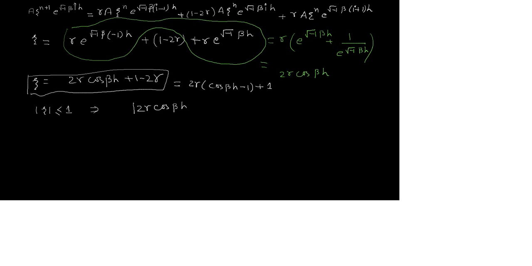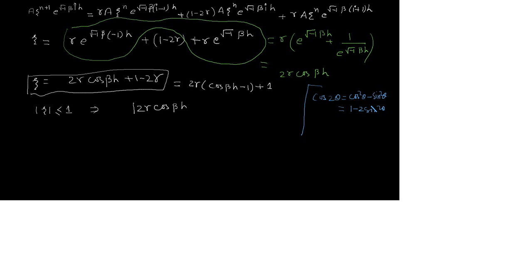Let's recall: cosine 2 theta is cos square theta minus sin square theta, which I can write as 1 minus 2 sin square theta.